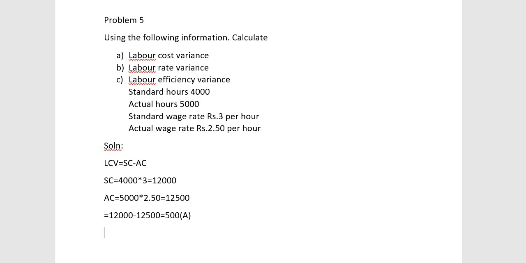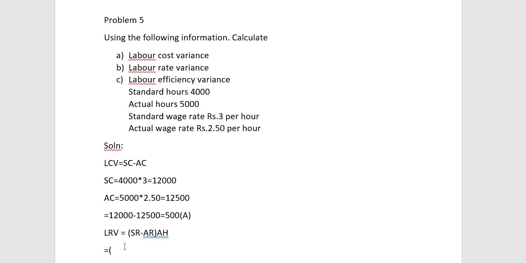Next is labor rate variance. Labor rate variance is equal to standard rate minus actual rate, multiplied by actual hours. The standard rate is 3 per hour, the actual rate is 2.50 per hour, and the actual hours is 5000.